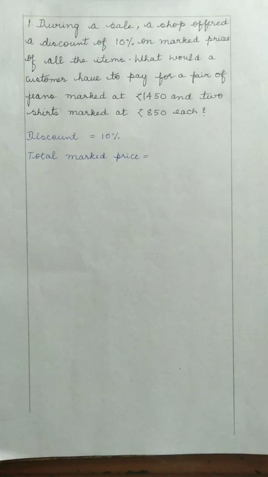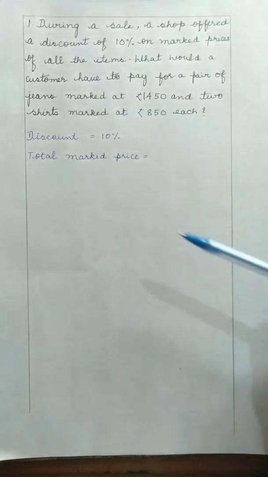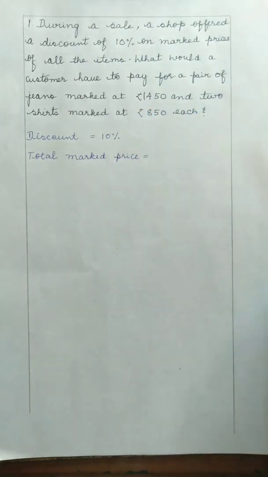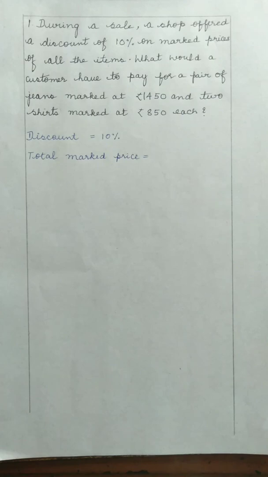What would a customer have to pay for a pair of jeans marked at rupees 1450 and two shirts marked at rupees 850 each? Therefore, a customer goes to a shop to purchase a pair of jeans and two shirts, which have fixed prices of rupees 1450 and rupees 850.